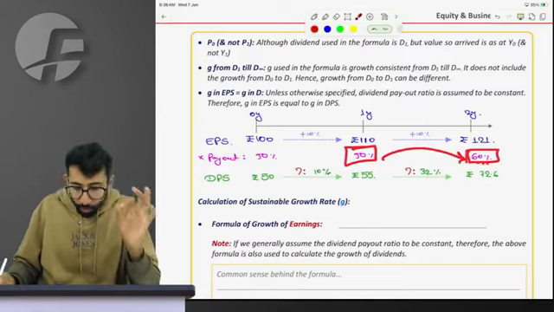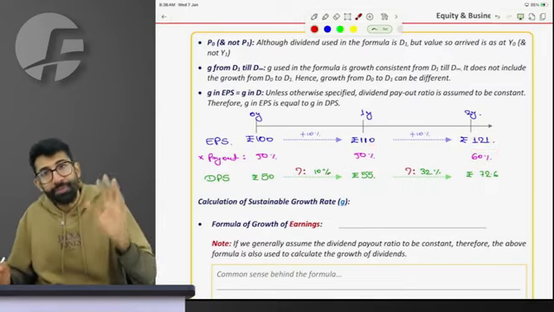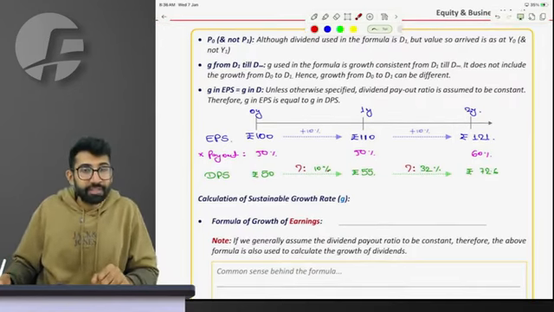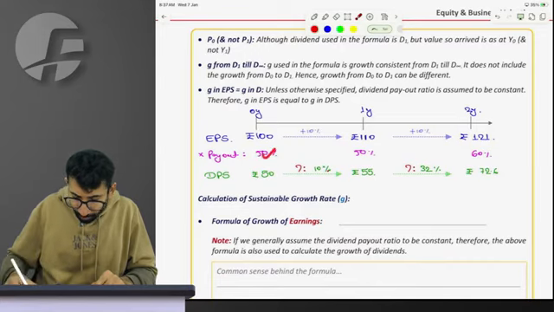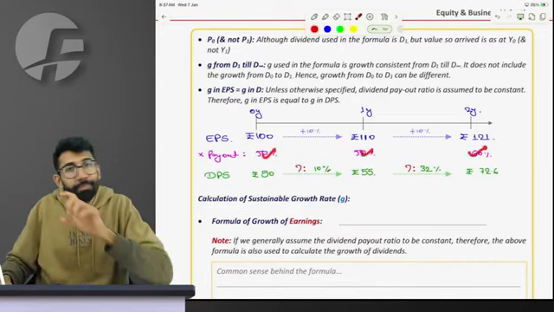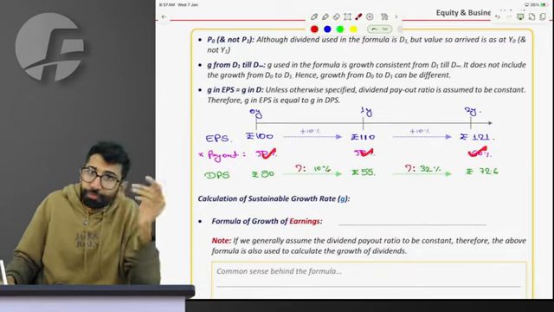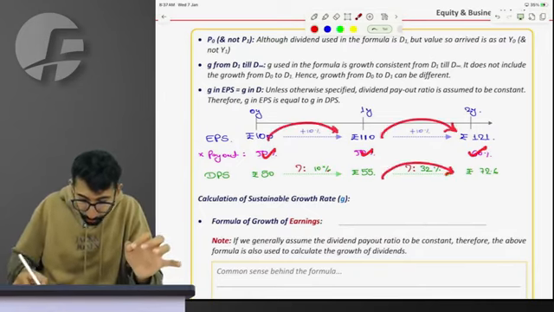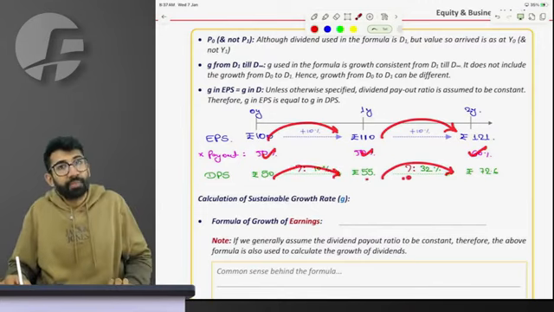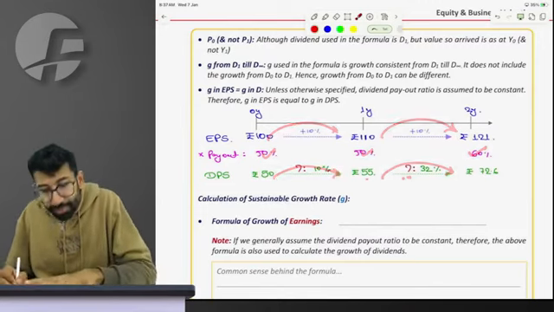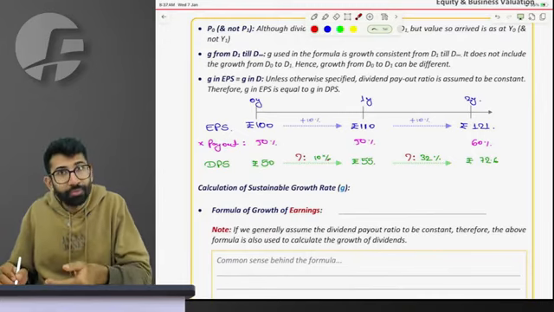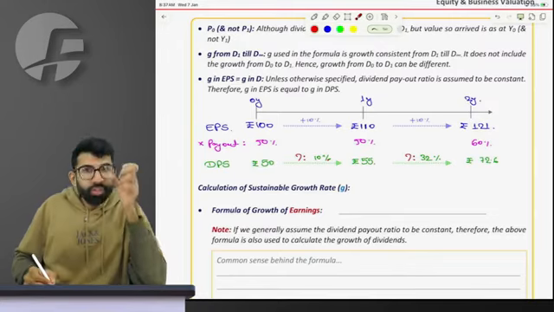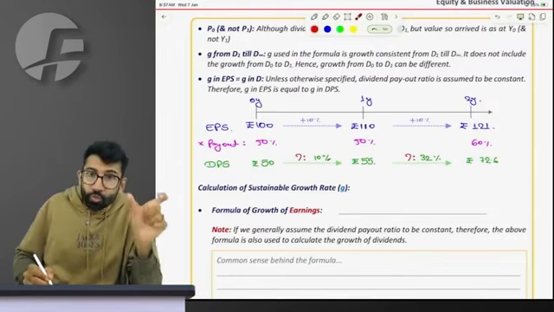So overall, what do we conclude? What we conclude is that if the examiner is silent about the payout ratio, we assume the payout ratio to be maintained throughout future years, and with that assumption, the earnings growth and the dividend growth of all future years turn out to be the same. However, in certain situations, you have to observe that growth is between two particular points.